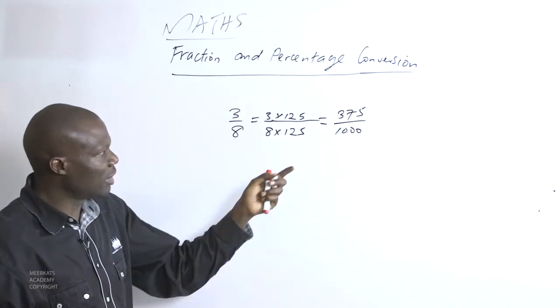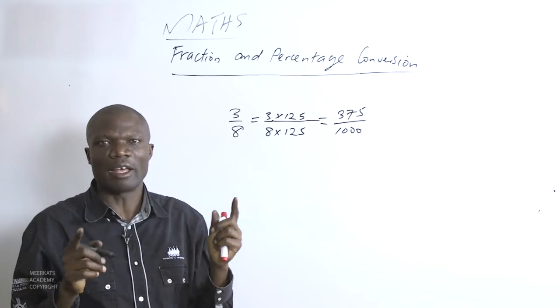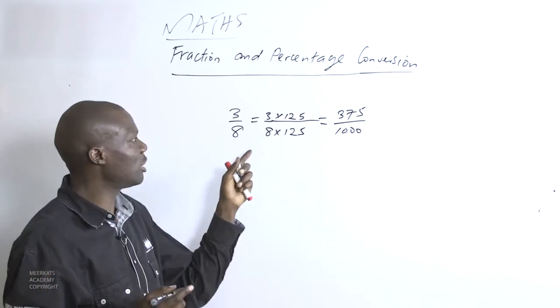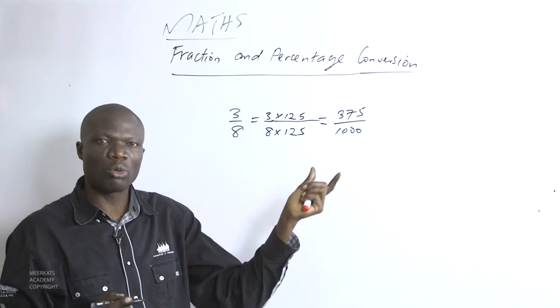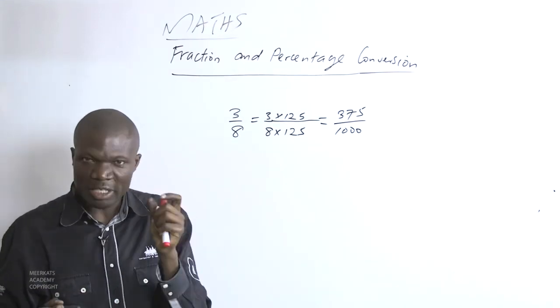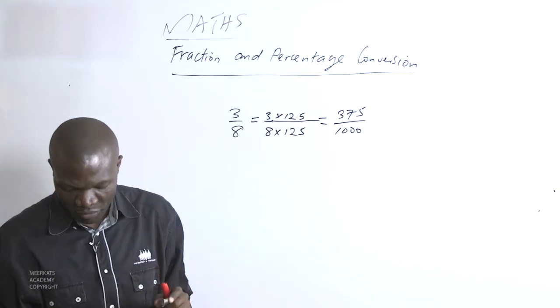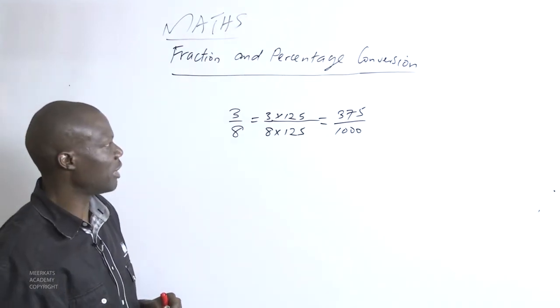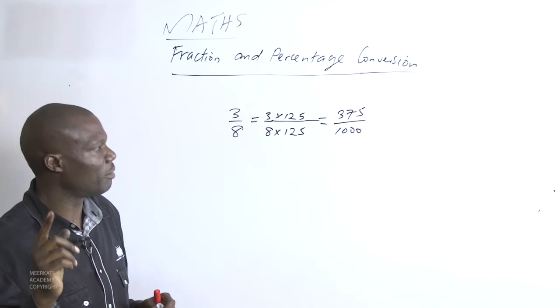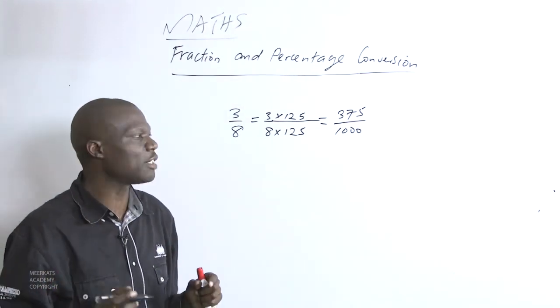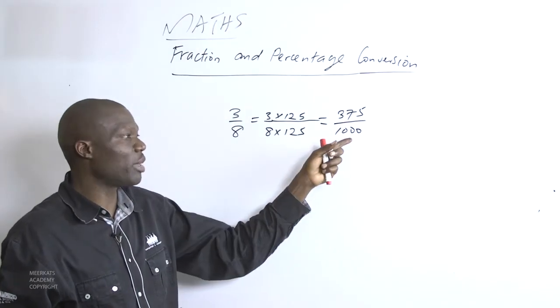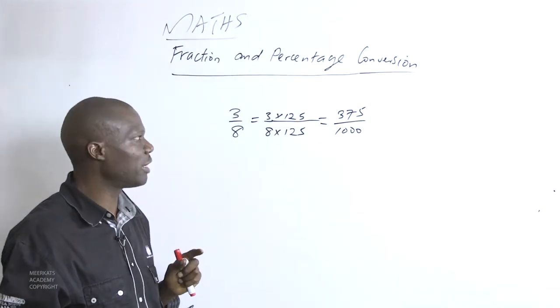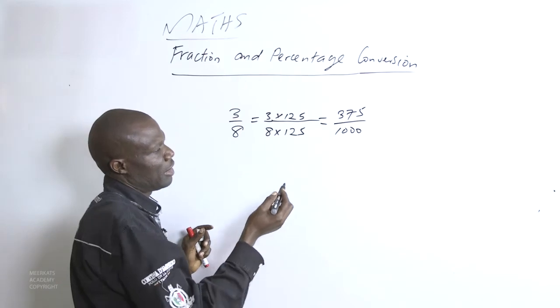Now, this is that, but it is not a percentage. The question requires us to convert this into percentage. Then we shall be required to bring in the decimal behavior first, then we move ahead and find the percentage. Or alternatively, we divide by 10 so that we remain with 100 as the denominator.